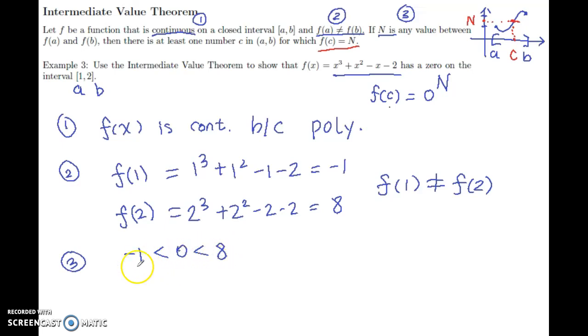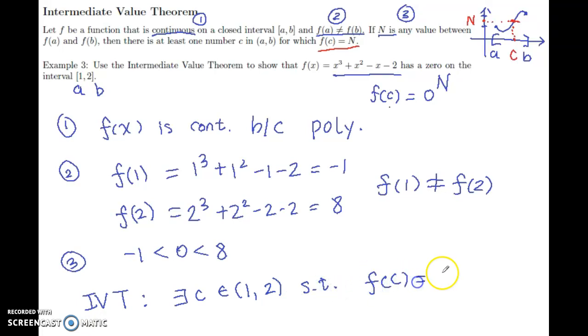So 0 is between them. So the intermediate value theorem tells us that there exists a c in the interval (1, 2), so (a, b), such that f of c equals N.